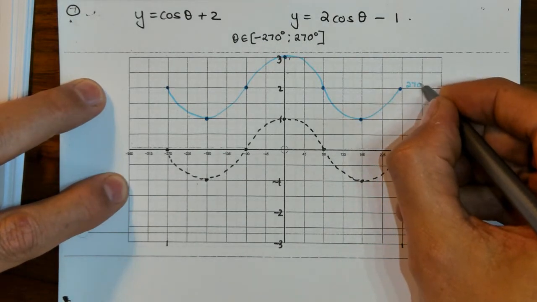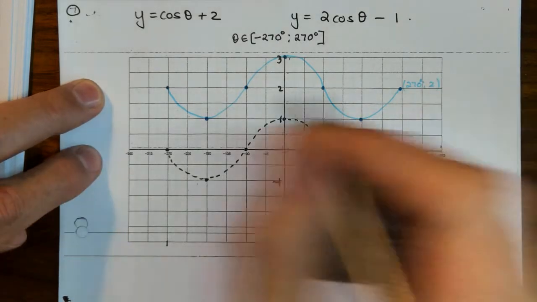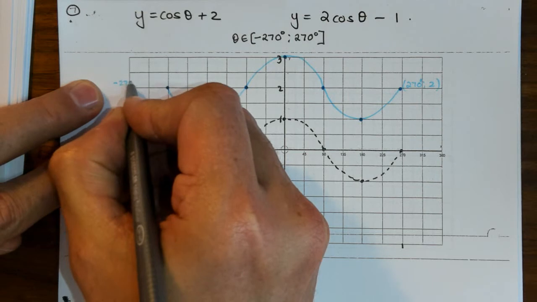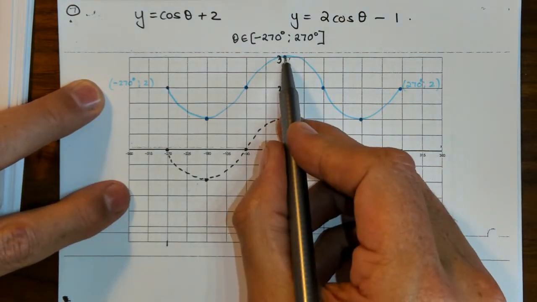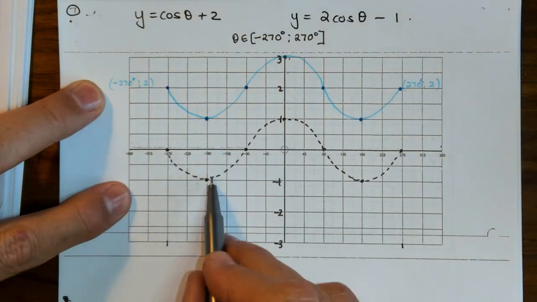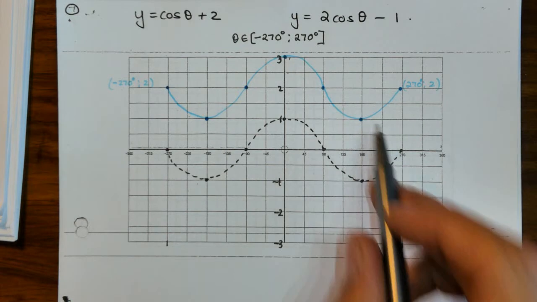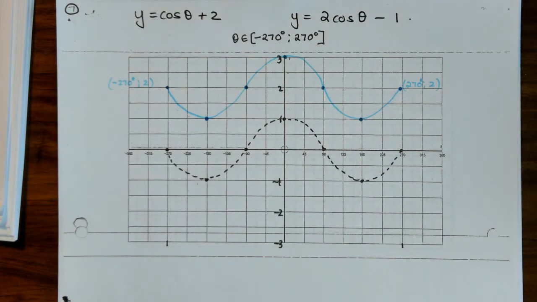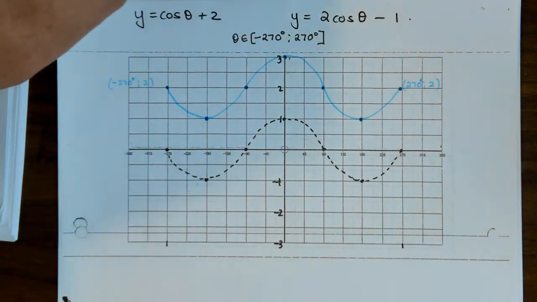So your exit point is 270 degrees and 2, and your entry point is minus 270 degrees and 2. Your turning point lies at 0 and 3, and then 180 and 1, and minus 180 and 1. So that's quite nice. It is the cosine curve transformed by going up 2 units.